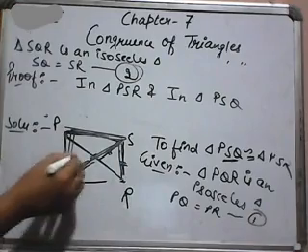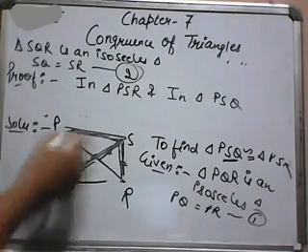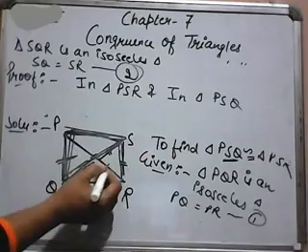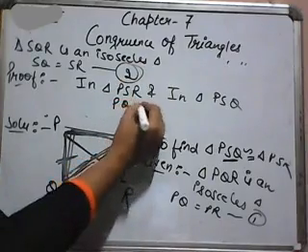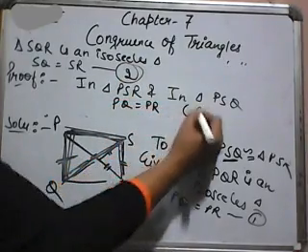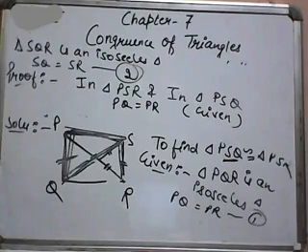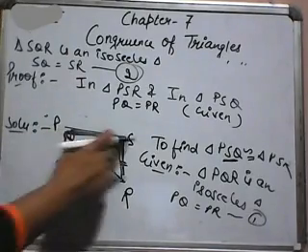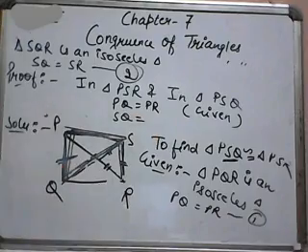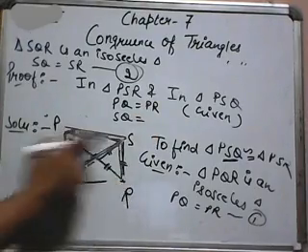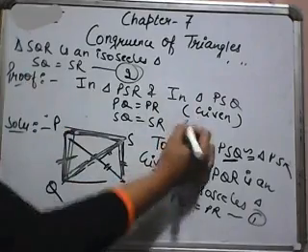In triangle PSQ, side PQ, and in triangle PSR, consider side PR. Now PQ is equal to PR from equation number 1, or you can say it is given to you. Now SQ in triangle PSQ and SR in triangle PSR are equal, which is also given to you in equation number 2.